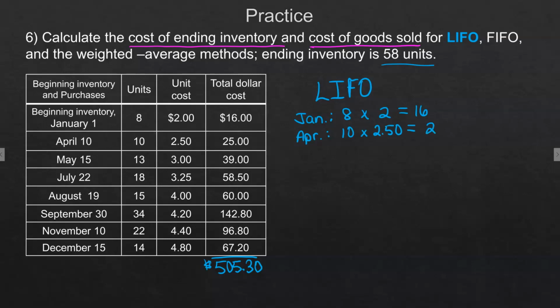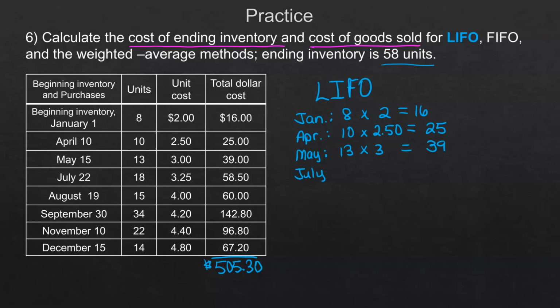So that will be 25. And then May will have 13 units times $3, which is $39. And July.